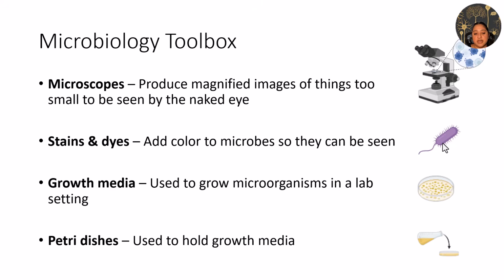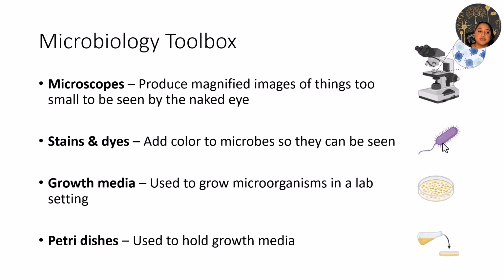Growth media is stuff that helps us grow microorganisms in a lab setting. Growth media can be a solid or a semi-solid. It could be liquid. It's something that you can grow microbes in or on. It typically has nutrients added that are going to help the bacteria grow.